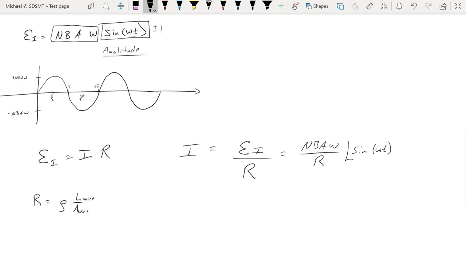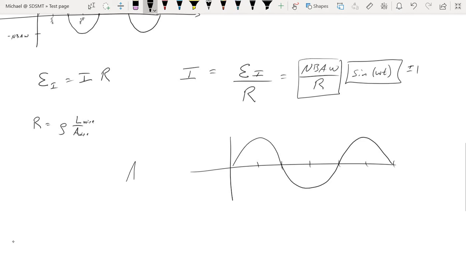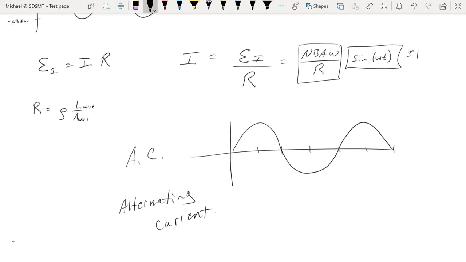So again, the sine omega t will alternate between plus and minus 1, and everything else becomes the amplitude of the current that we see. This is what we define as an alternating current. And it's kind of self-explanatory now because we can see that the current is alternating back and forth between two maximum values.